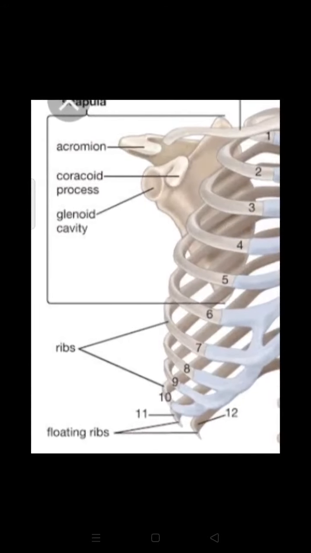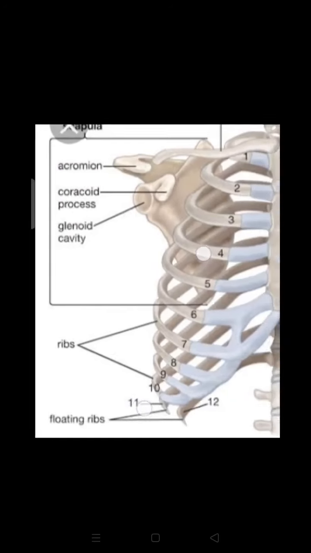The last 2 pairs of ribs are called floating ribs as they are joined only to the backbone.